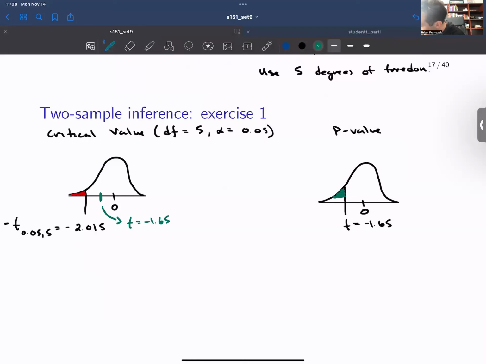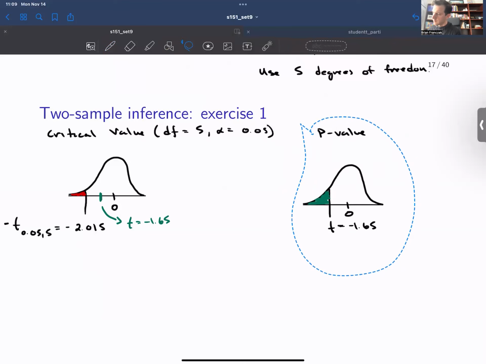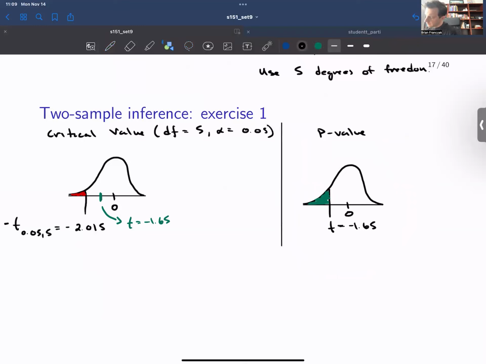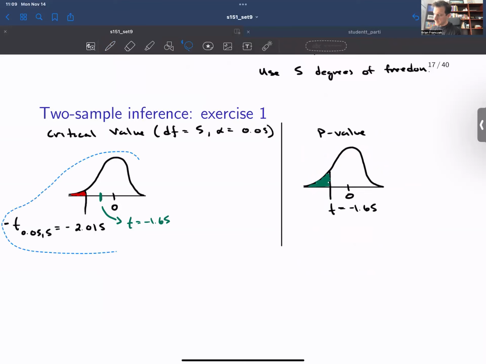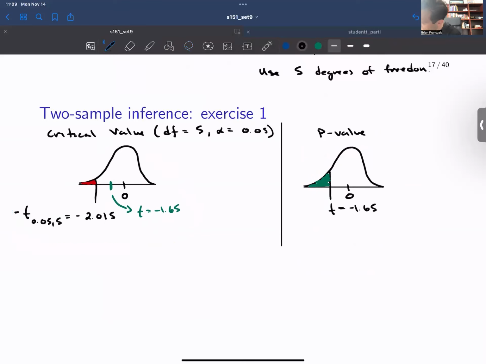And so in this case, you can see that the p-value for this test is going to be the area below t equals negative 1.65. So I'm going to have here the p-value is equal to the probability t is less than negative 1.65.